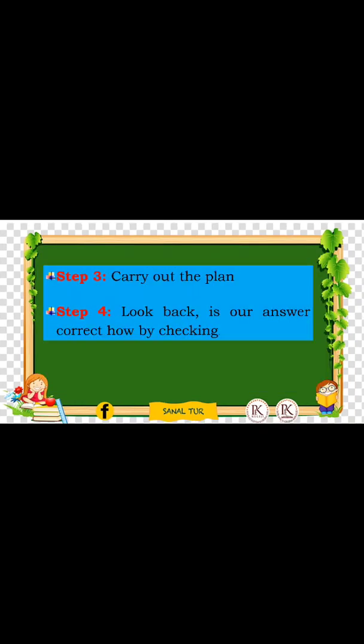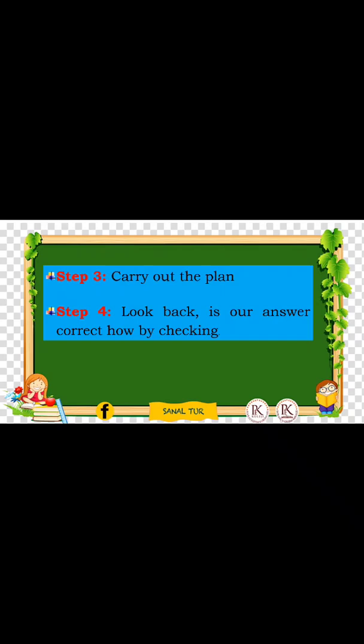So step 3, we go now to carry out the plan. When we say carry out the plan, you apply now what is your plan in step 2. So it's either you are going to add or you are going to subtract using your number sentence. That is step 3. Then after you perform your plan, you go now to step 4. You are going to look back. Is your answer correct?